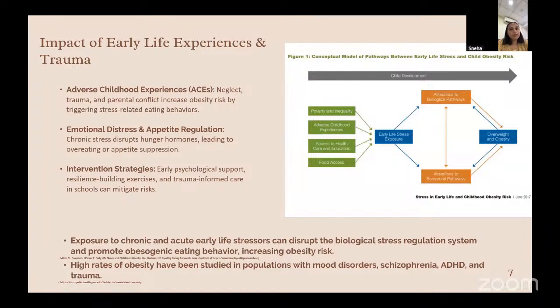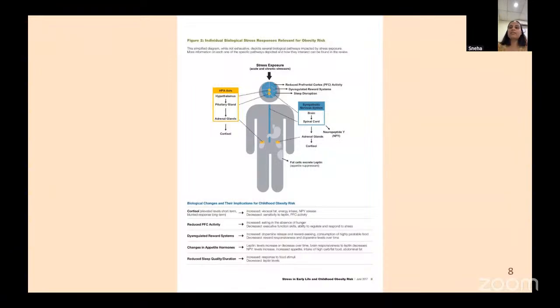All this can lead to changes in appetite hormones, ghrelin and leptin, which are also interlinked with sleep quality and duration. So this shows how important the holistic approach is to treat obesity. And again, coming to the school support and the community support. Next slide, ma'am.